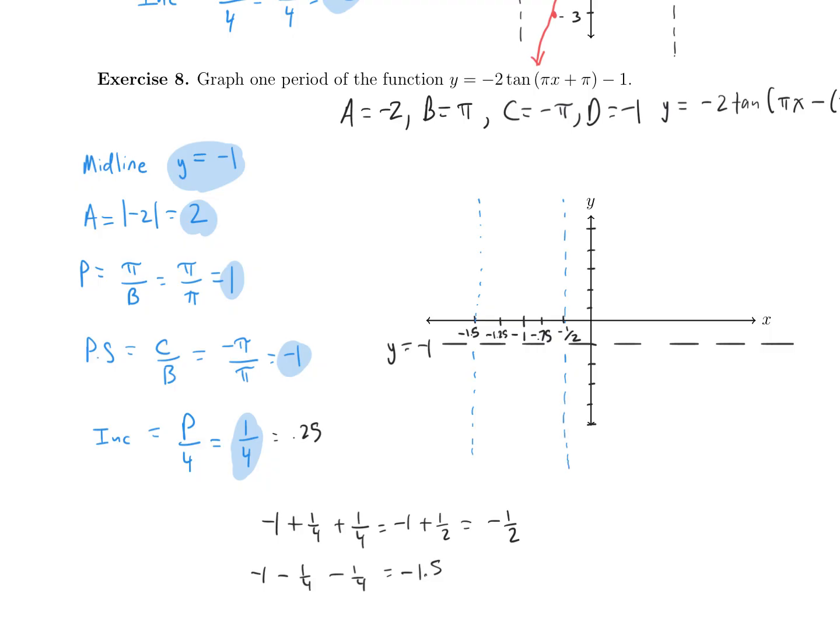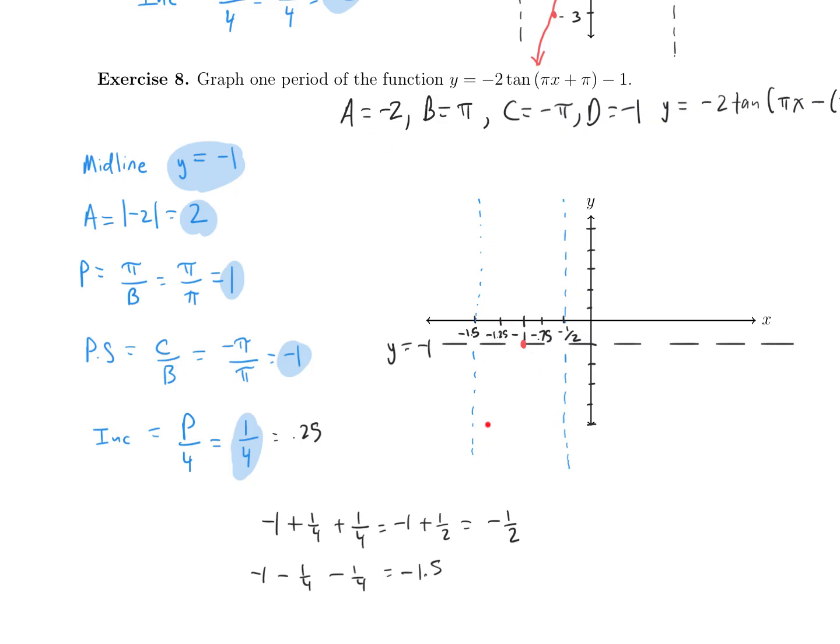All right, now we can start to draw our graph. Right in the middle at the phase shift, at the midline, you put a point right there, at the middle value, which is -1. And then for tangent, because there is a negative a, instead of the usual tangent, which goes in this orientation, it switches orientation because of the -a.